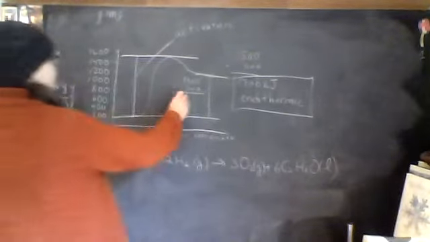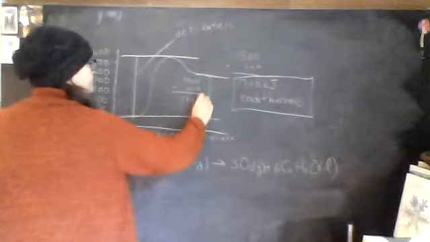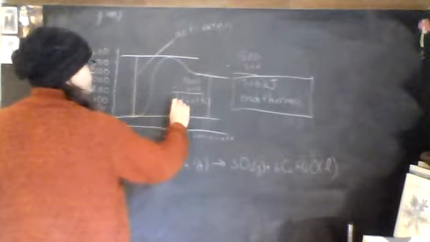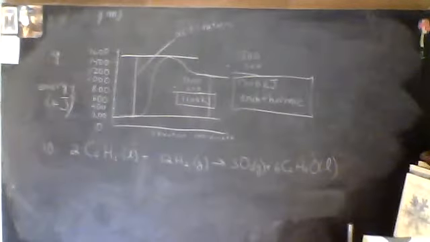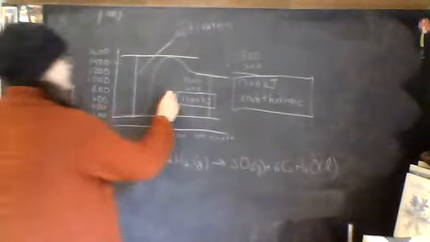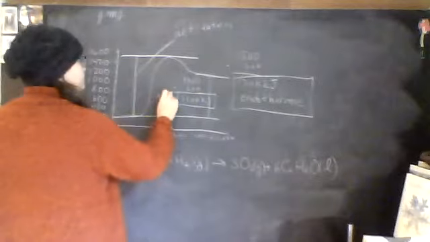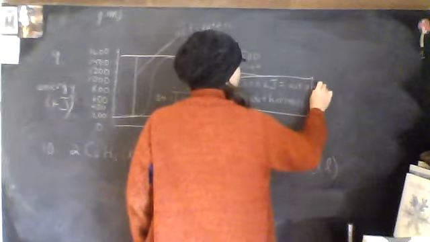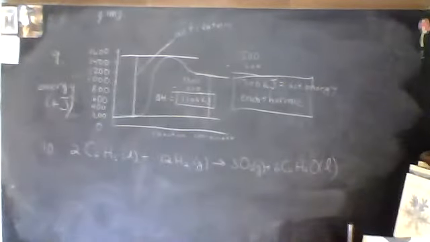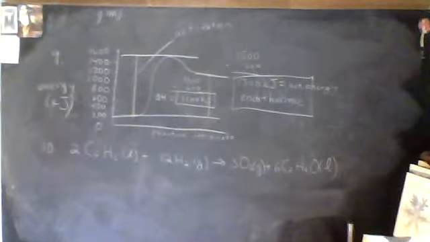So it's 1,100 kilojoules. The activation energy is 1,300 kilojoules, and it's endothermic with a delta H of 1,100 kilojoules.